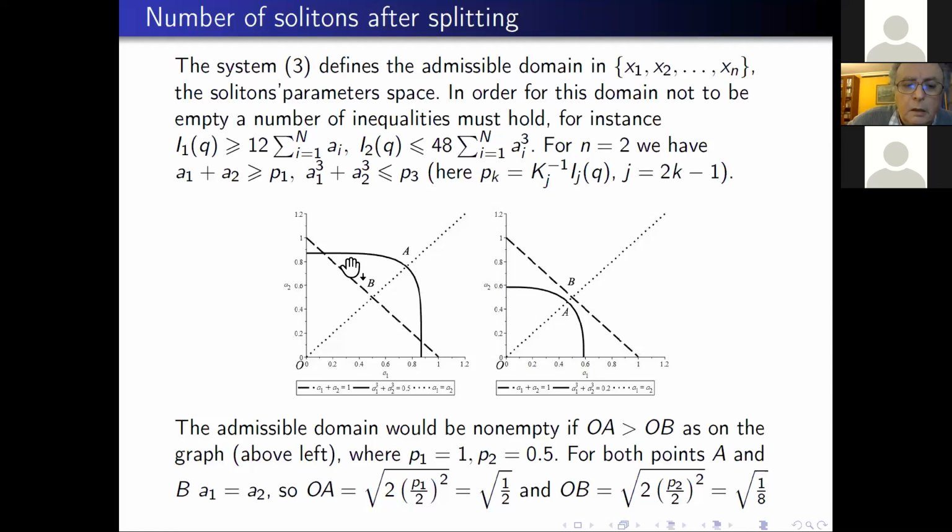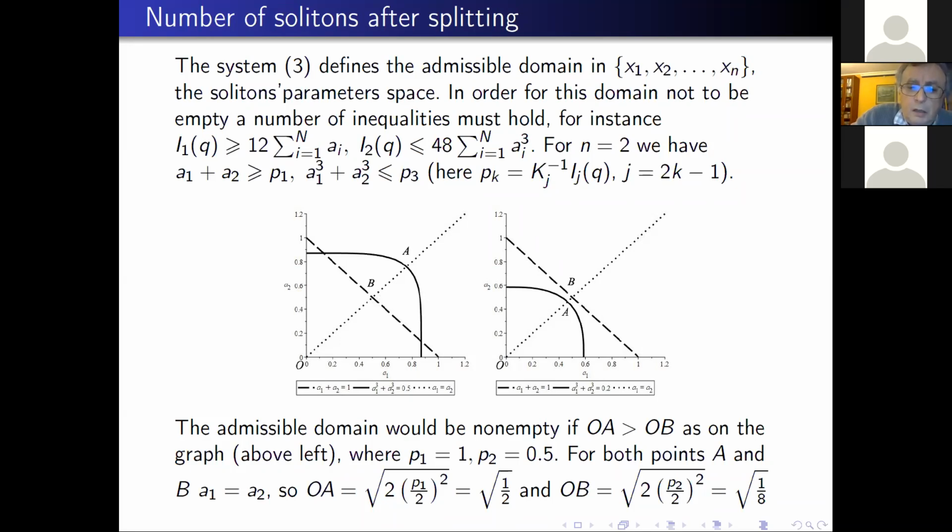And here you can obtain some points inside this segment. The negative answer means simply that you cannot expect that splitting will result in two solitons.